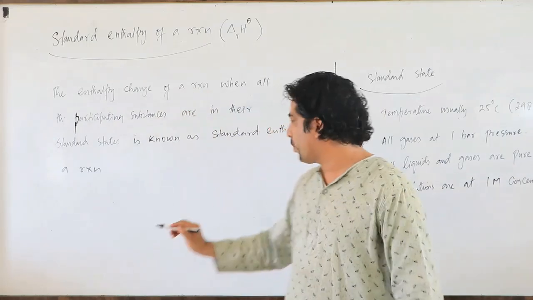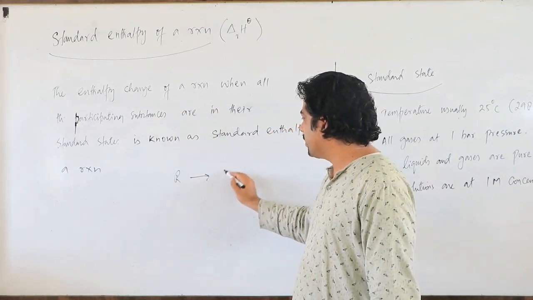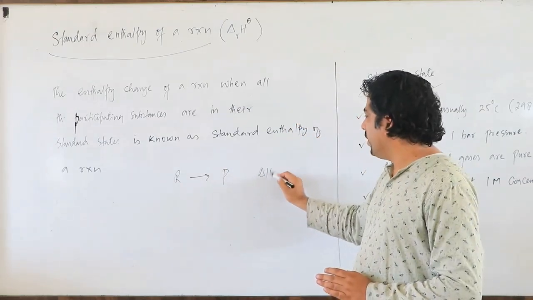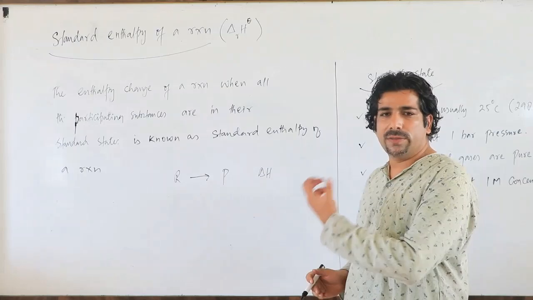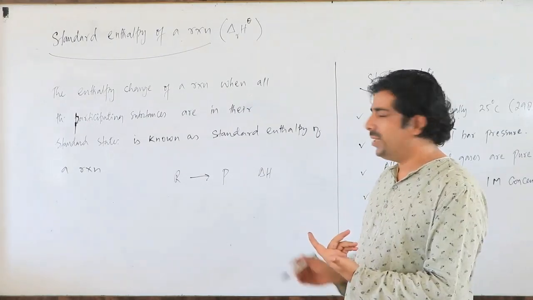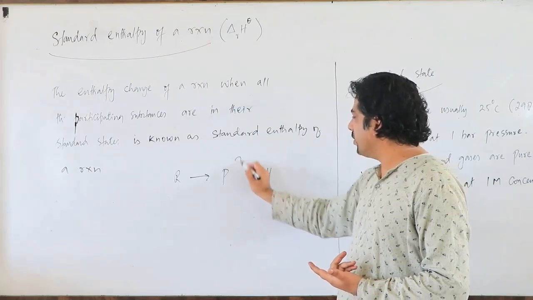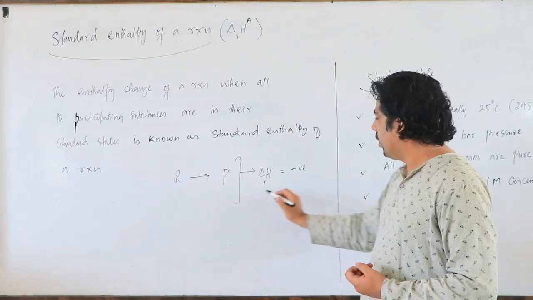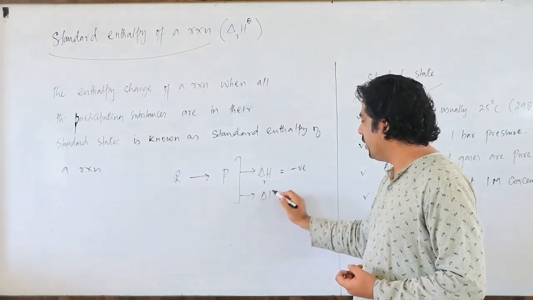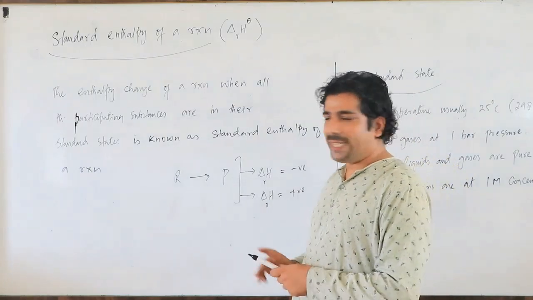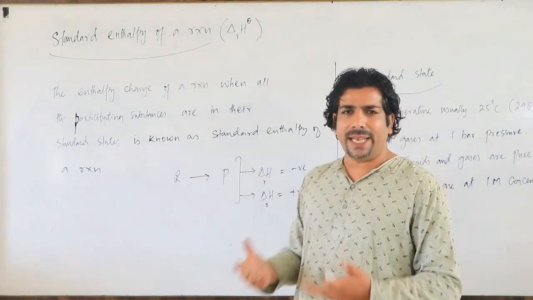Reactants will change into products, and then there will be either a release of energy or a gain of energy. It will be either exothermic or endothermic. Let us suppose this reaction can be either exothermic or endothermic.